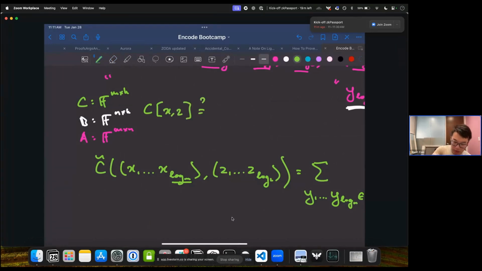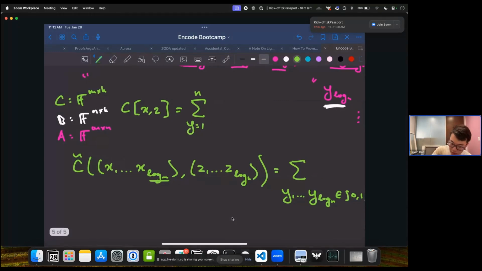What does this equal? Well, this should equal the sum over y, where y goes from 1 all the way to n, of A of x comma y times B of y comma z.